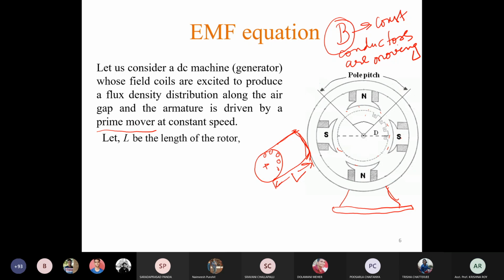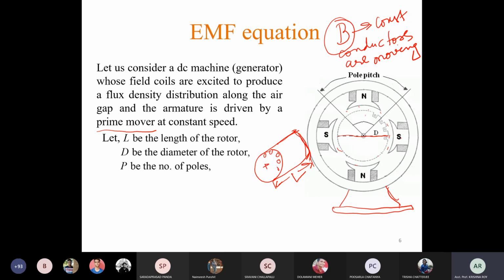Next, D be the diameter of the rotor. This is already shown here. This is the diameter, and P be the number of poles. In this diagram, 4 poles are shown. Actually in a DC machine, the poles will be in pairs.